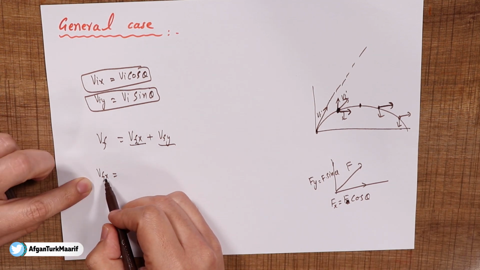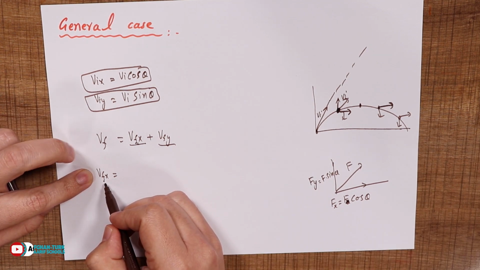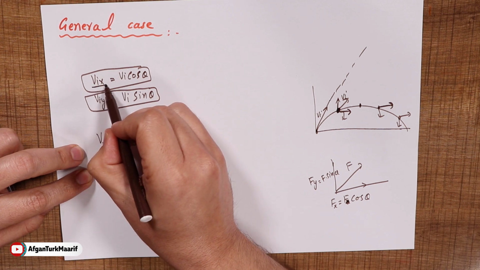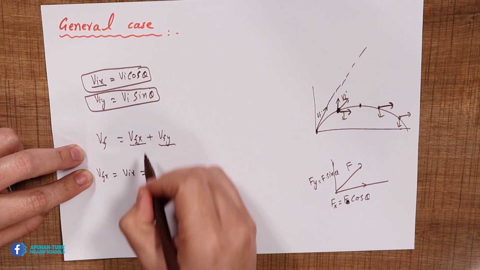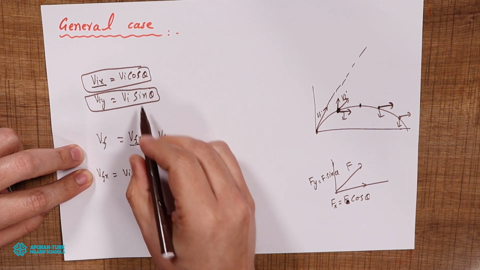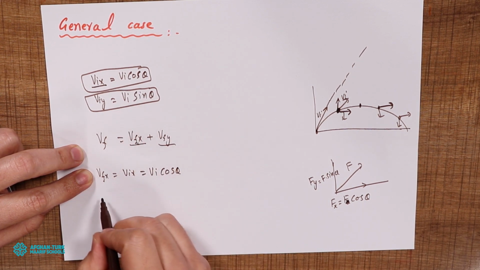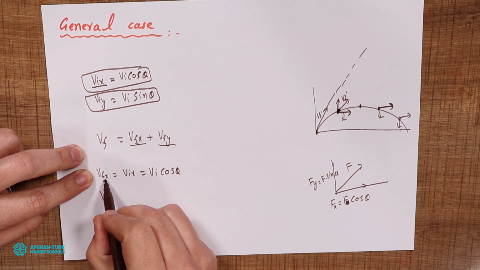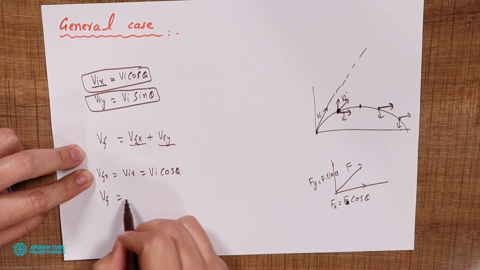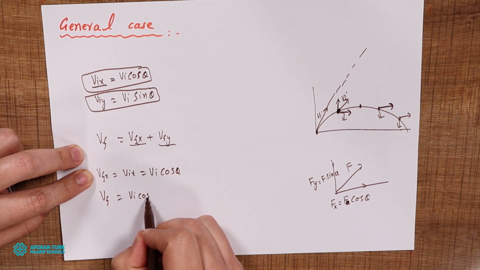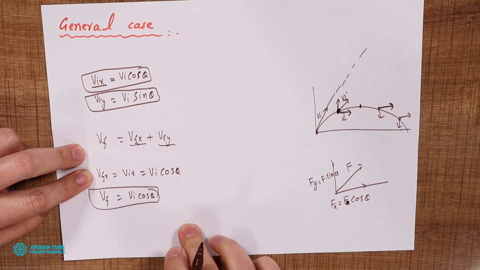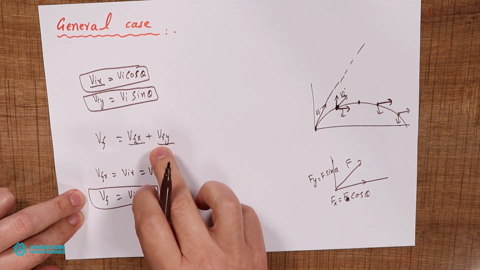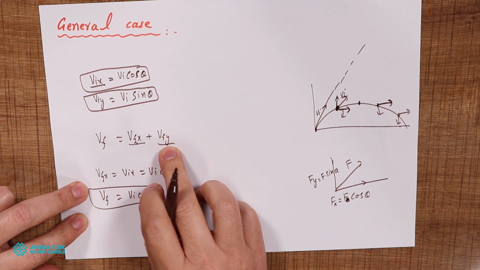So this horizontal or base component is equal to vix, and vix is equal to vi cosine theta. So now the final velocity's base component vfx is equal to vi cosine theta, no issue for that, this is easy. But the problem here is the vertical component of the final velocity.